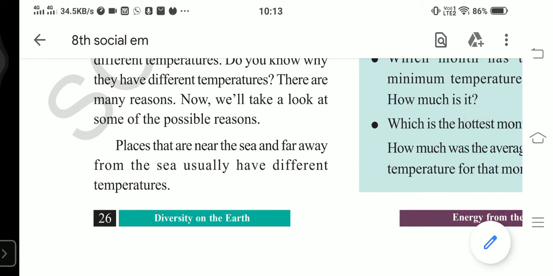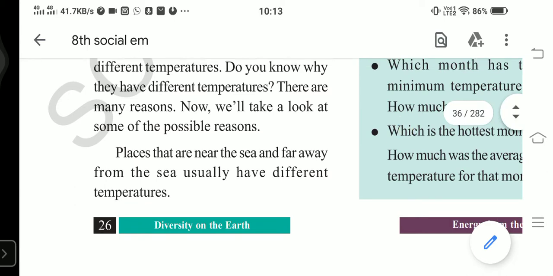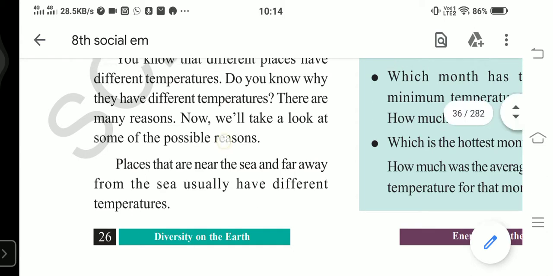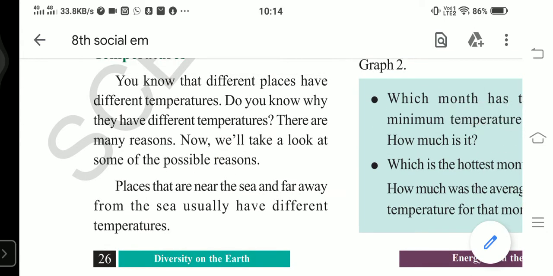Don't think that if in January it is 20 degrees Celsius, then in February, March, April up to December it will be 20; there will be slight variation, like 20, 21, 22, again 20, 21, or 20, again 20, again 19. Like this we find a little variation. That kind of temperature is called moderate temperature. Understand? So moderate temperature is experienced by the places which are near to the sea, right?